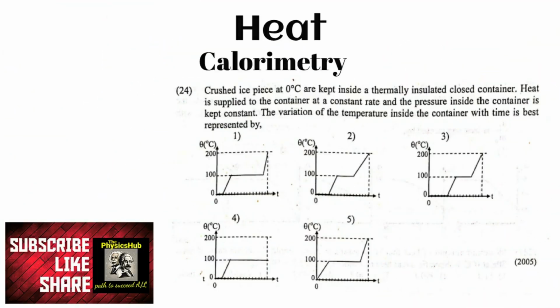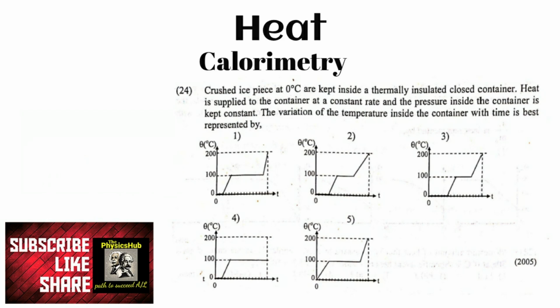Crushed ice at 0 degrees Celsius is kept inside a thermally insulated closed container. Heat is supplied to the container at a constant rate and the pressure inside the container is kept constant.